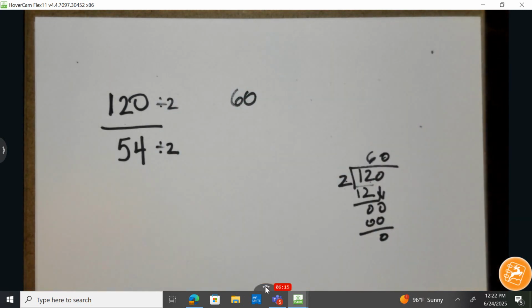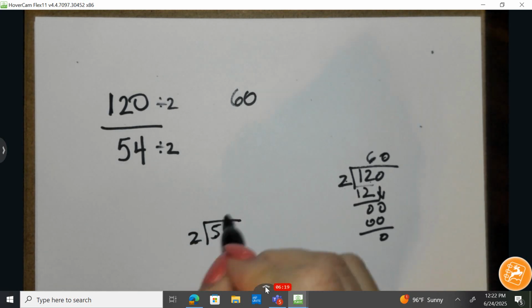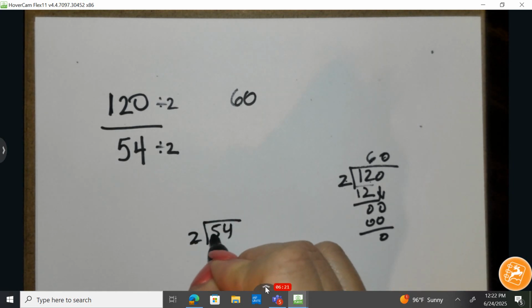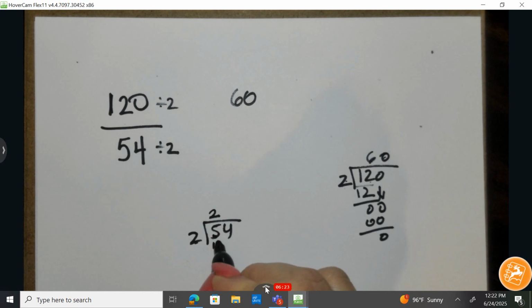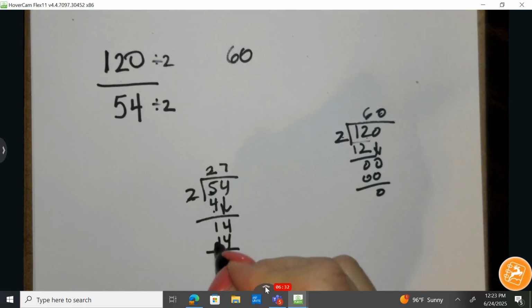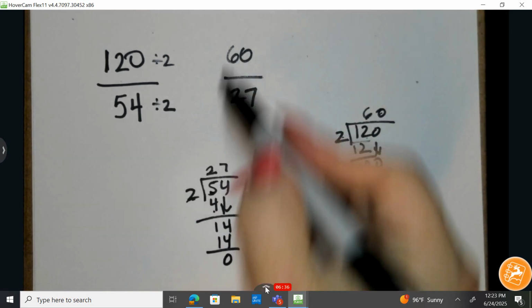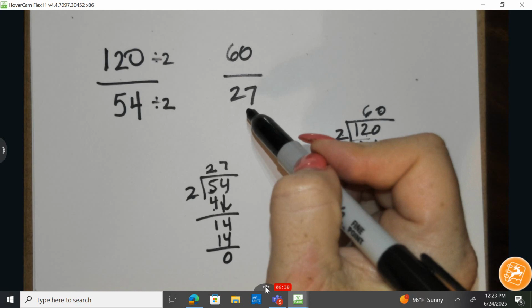I'm going to do the exact same thing with 54. 2 fits into 5 twice without going over. I'm going to multiply, subtract, and bring down. 2 fits into 14 7 times evenly. I multiply, subtract, and bring down.